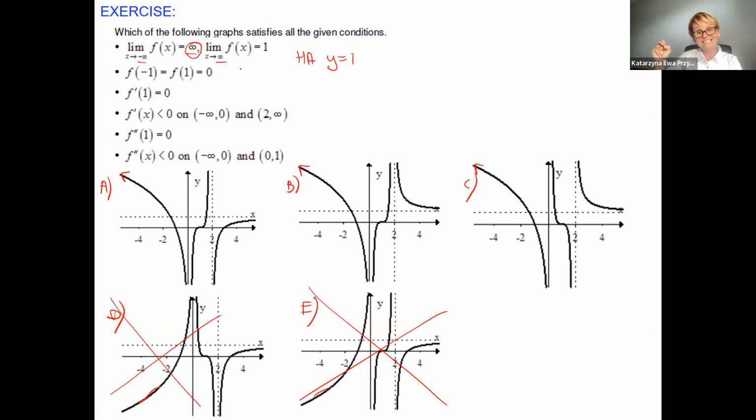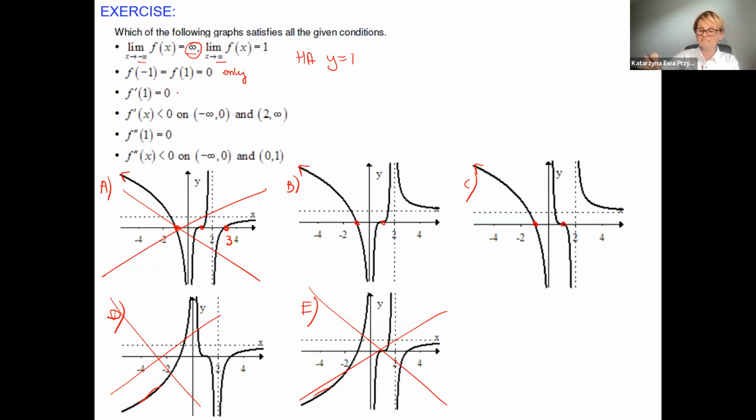Which function has -1 and 1 as zeros? I think -1 and 1, -1, 1, and 3, not good. We do not have that x-intercept listed. That means B and C.